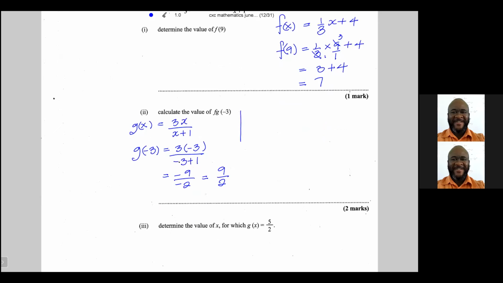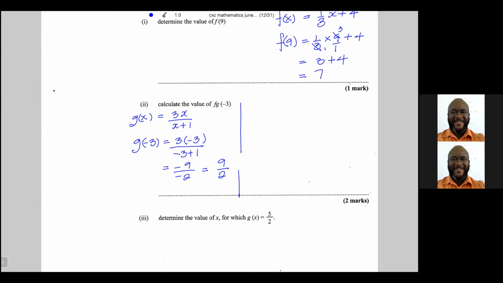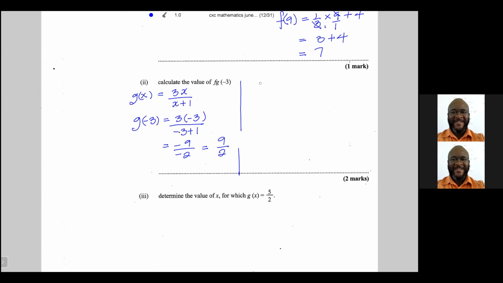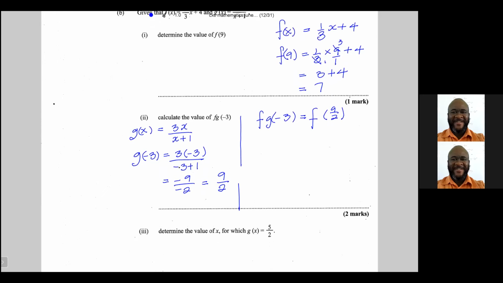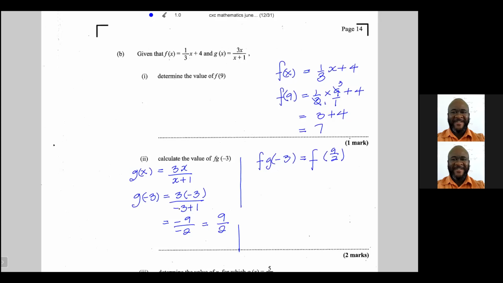Now, this means that f of g of minus 3 is the same as saying f of 9 over 2. So to find f of g of minus 3, all I have to do is find f of 9 over 2. In f, wherever I see x, I'm going to take out x and put 9 over 2.